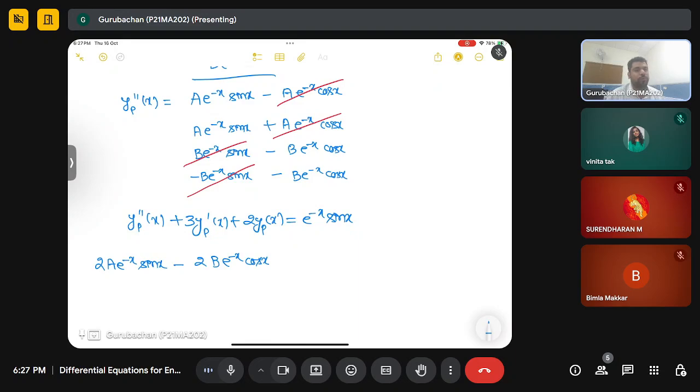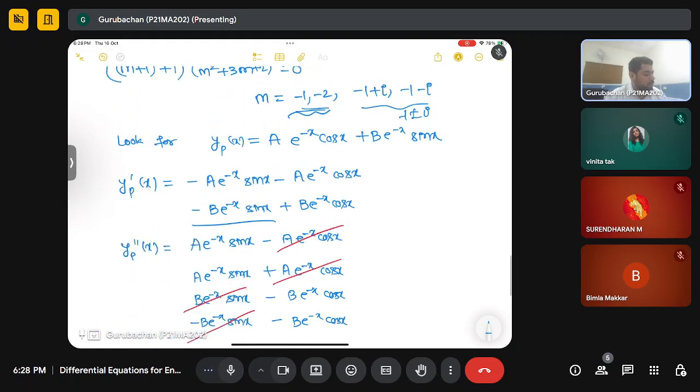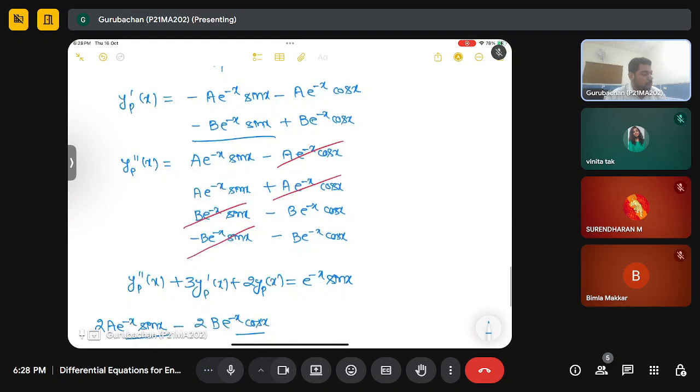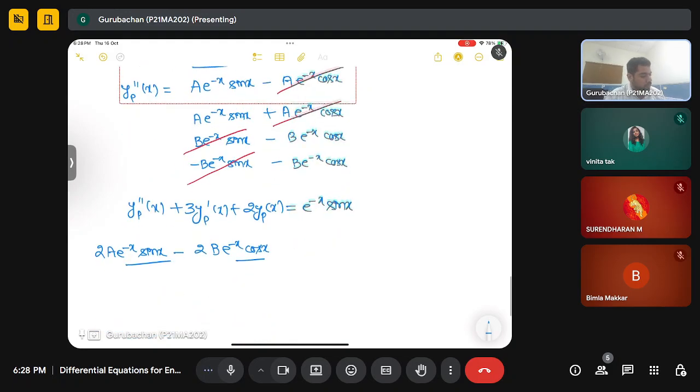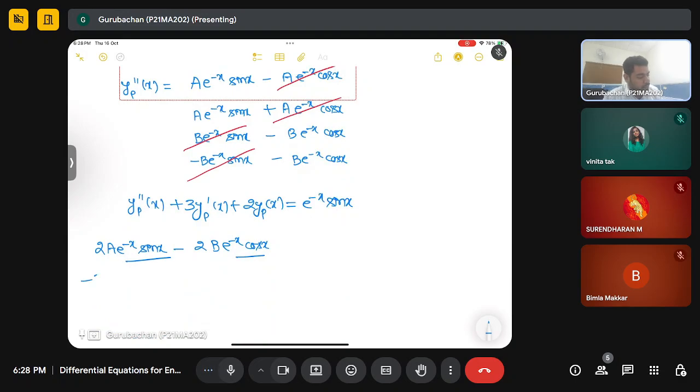As I told you, I wrote the same expression just line below it. So next one is a plus b, with 3 times multiple, 3 times of (a plus b) e to the power minus x sin x.